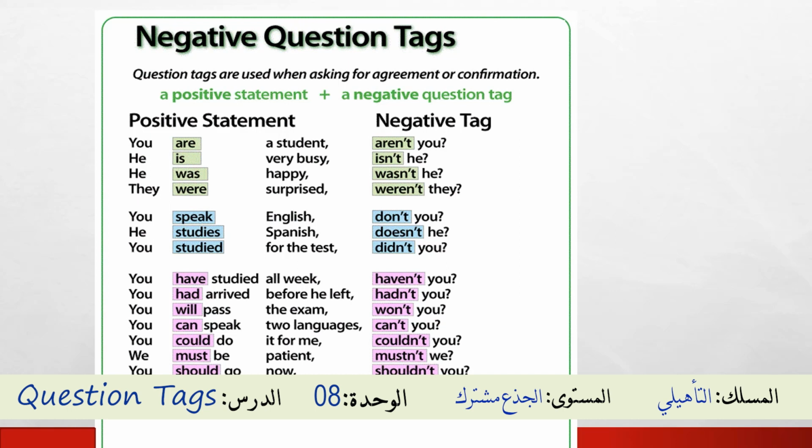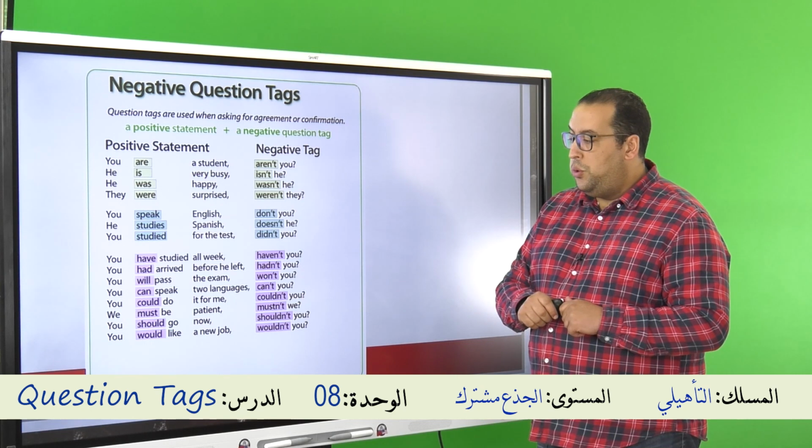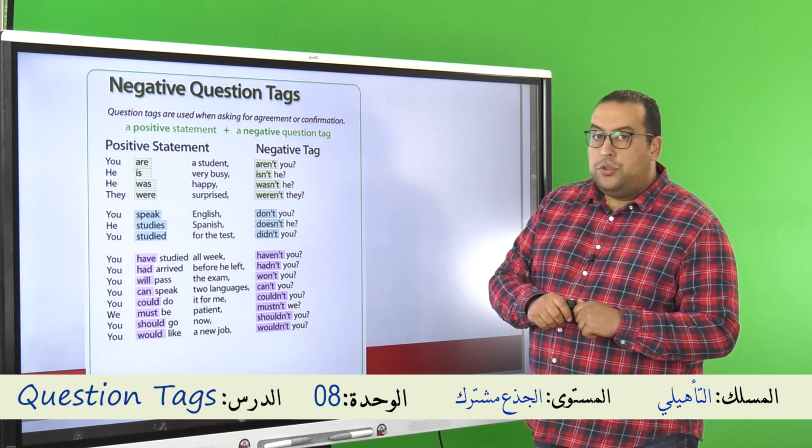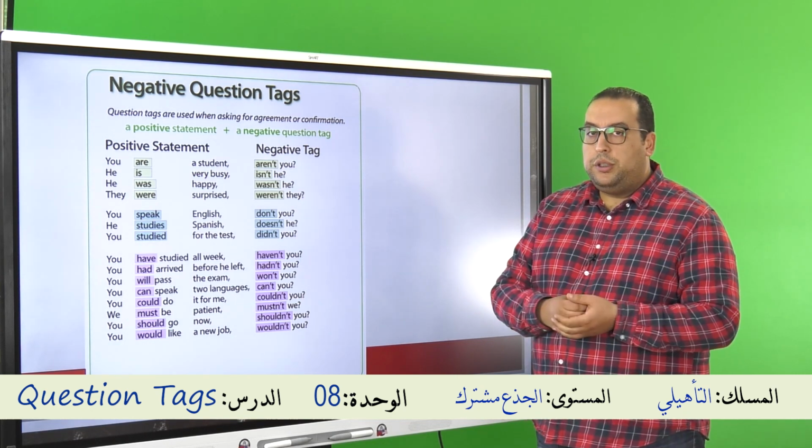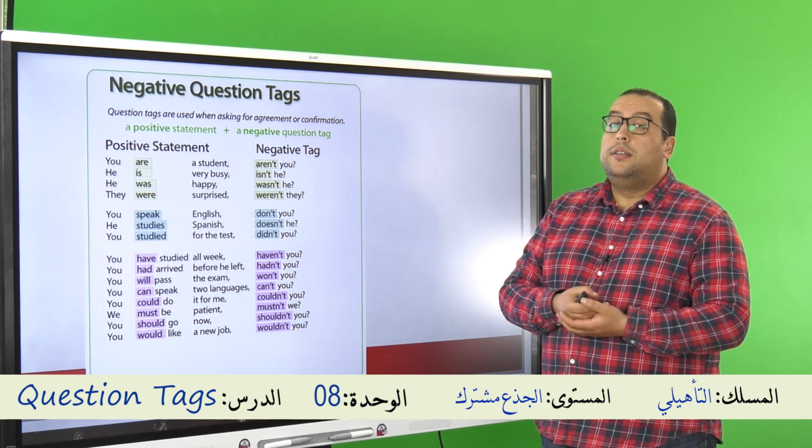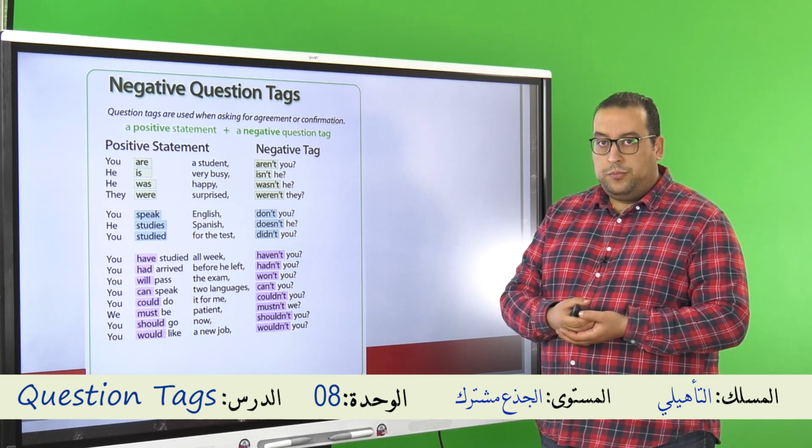If you take a look at these verbs or words that we have, so have, had, will, can, could, must, should, and would. We notice from these words that it is about modals.